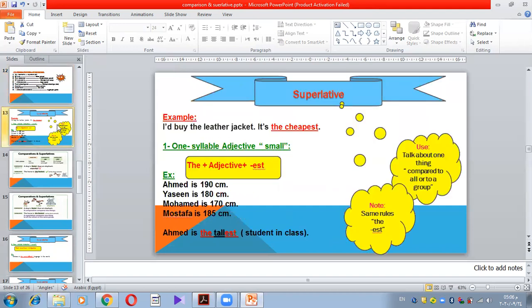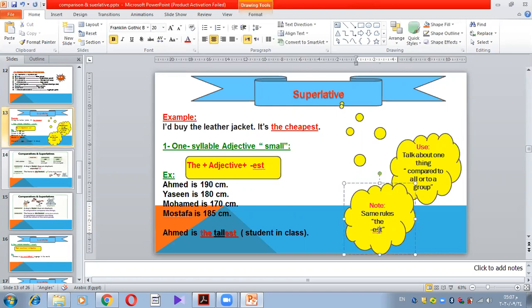Now, what about superlatives, guys? What's the difference between this and the comparison or the comparative form that we have been talking about a minute ago? Well, for superlative, it's exactly the same rules as the comparison, except we change the ending.